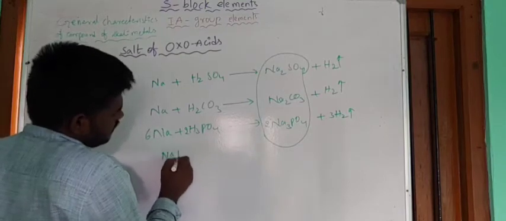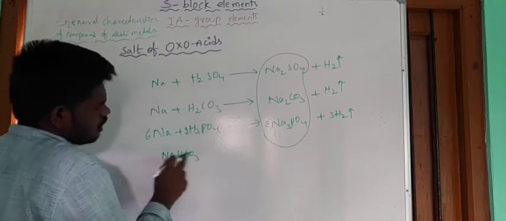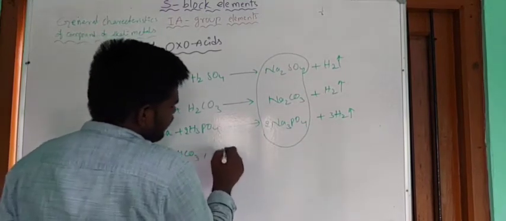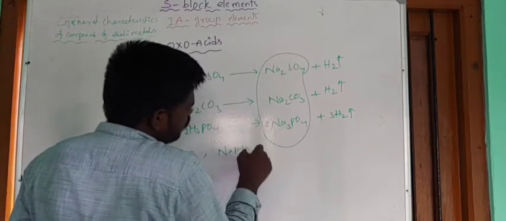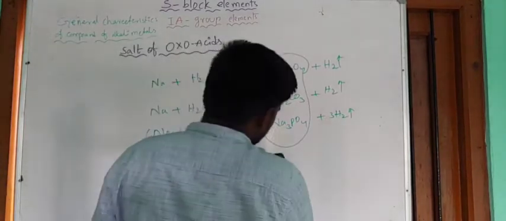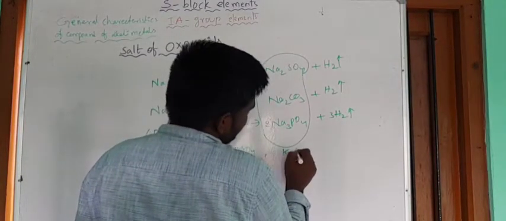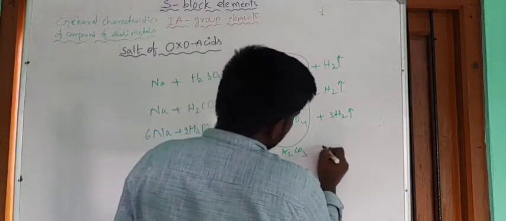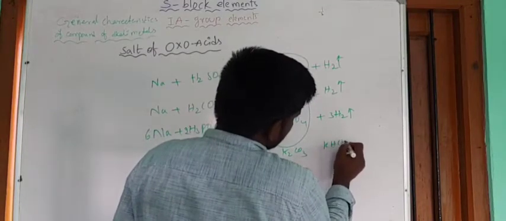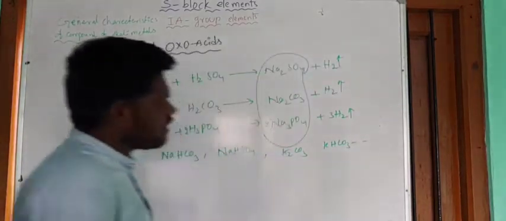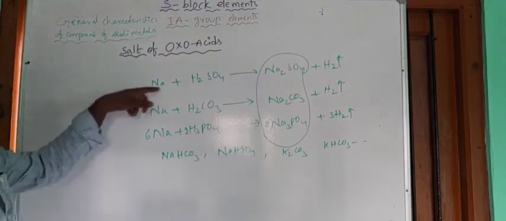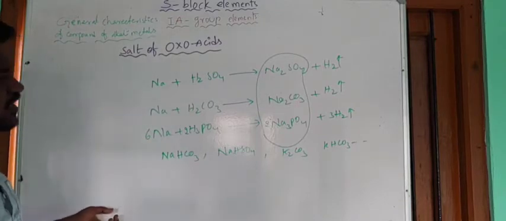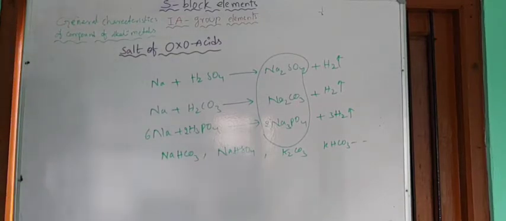We can take NaHCO3, sodium hydrogen carbonate, and you can take NaHSO4, sodium hydrogen sulfate, and you can take K2CO3, and you can take KHCO3, etc. You can take a number of examples for the salts of oxo acids formed when alkali metals are reacted with the oxo acids.